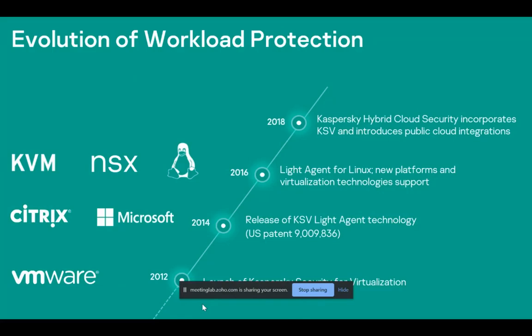Then they also introduced Light Agent for Linux. New platforms and virtualization technology started getting supported. And in 2018 they introduced Kaspersky Hybrid Cloud Security, which is basically a combination of multiple solutions. We'll see in the later slides.